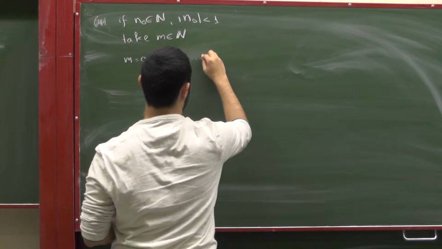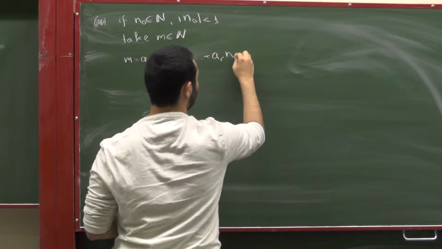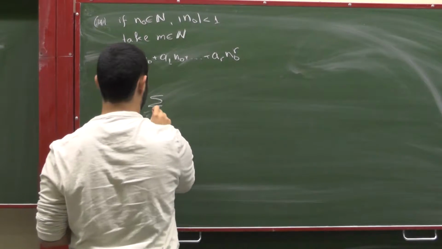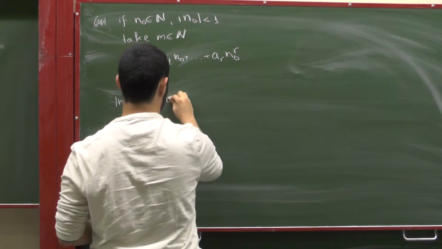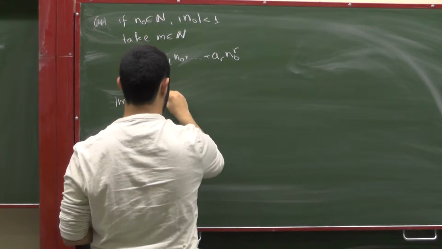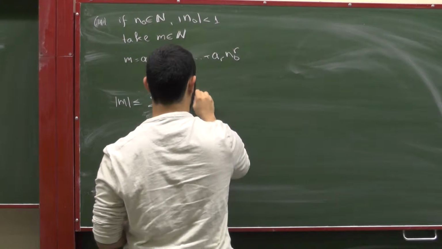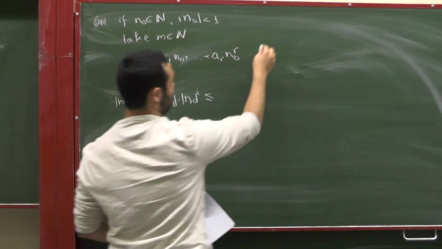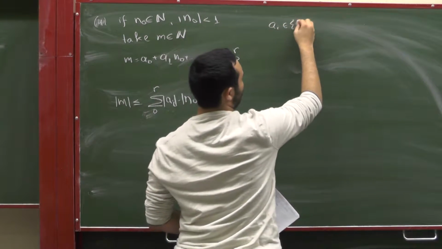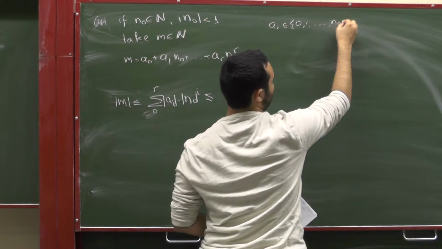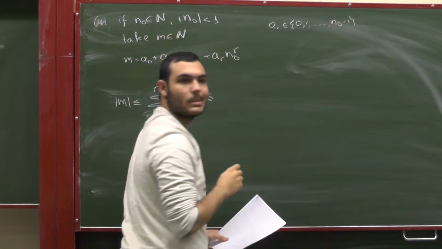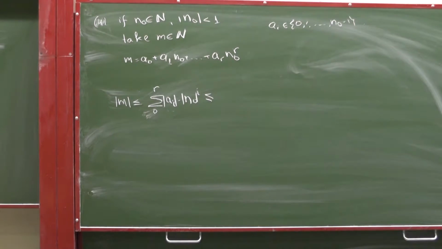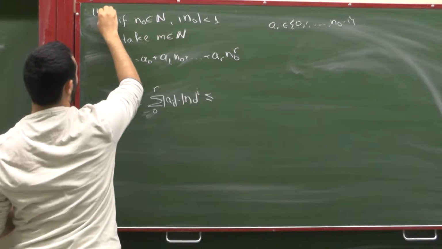And now the absolute value of m is bounded by the sum of the absolute values of the a_i. Each of those a_i's is in this setting. So which implication are you proving now? 4 implies 3. Sorry. Thanks.